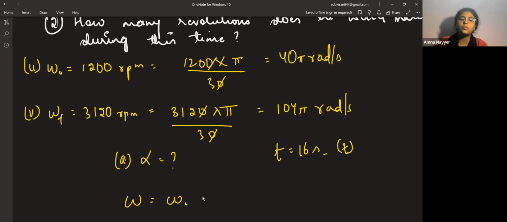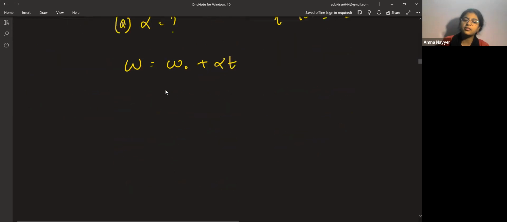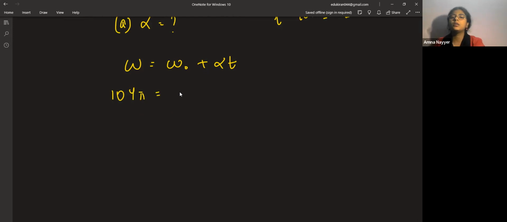Omega is equal to omega naught plus alpha t. Omega naught we have, alpha we do not, t we have. So this will become 104 pi is equal to 40 pi plus alpha into 16. This will become 104 pi minus 40 pi, 64 pi.